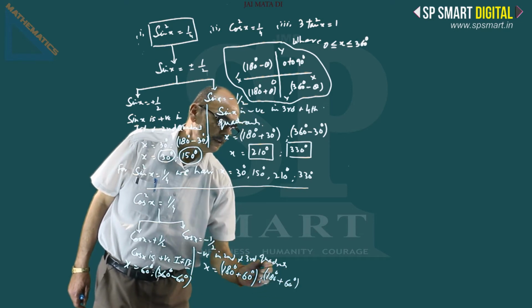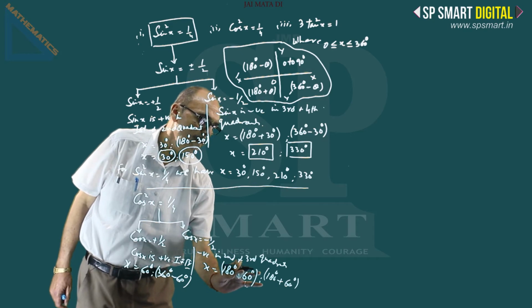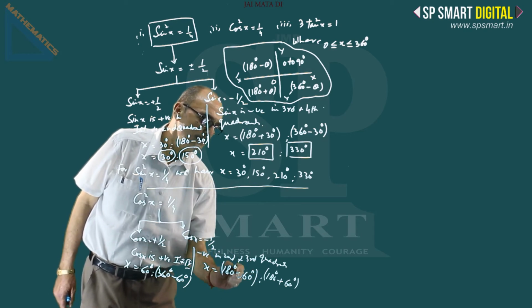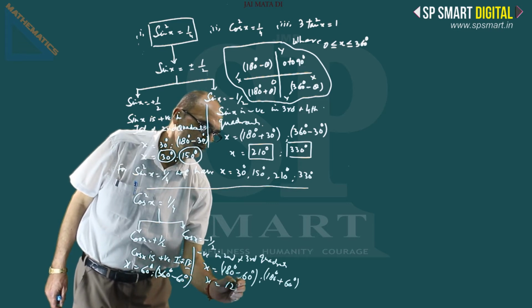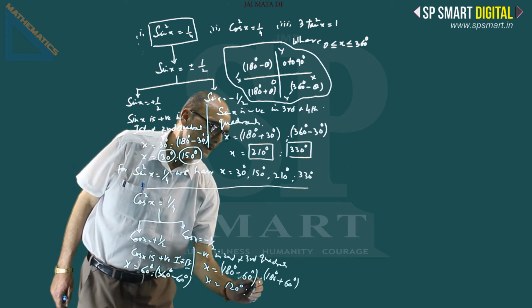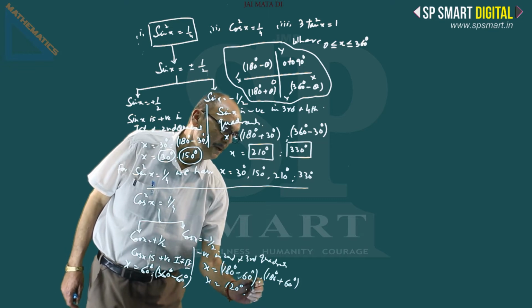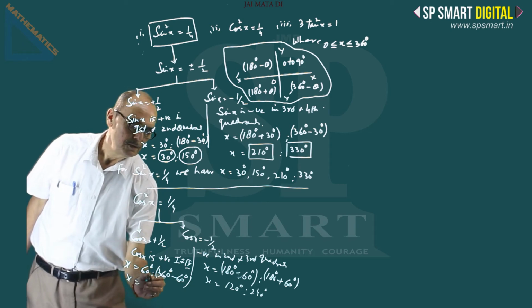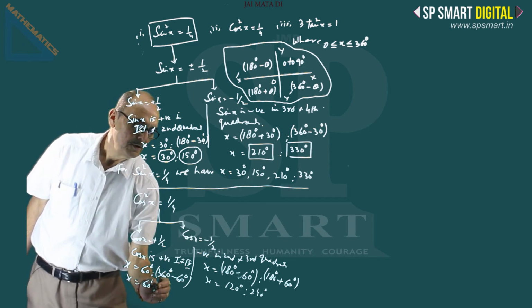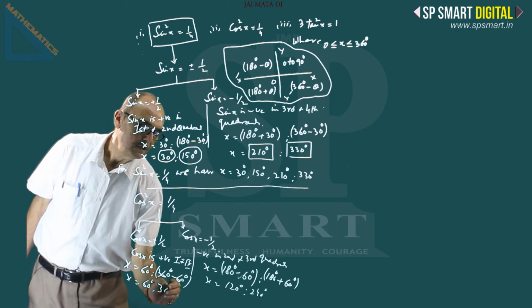So, therefore, x equal to 120 degree and third quadrant is 240 degree. Here x equal to 60 degree and 300 degrees.